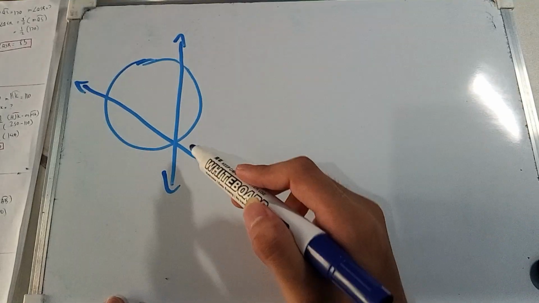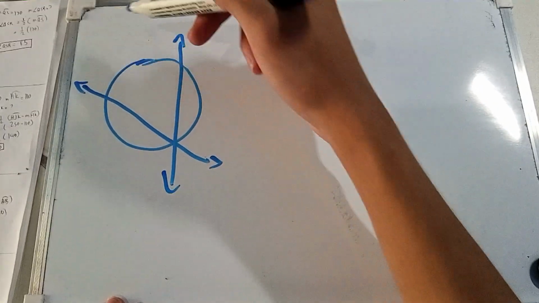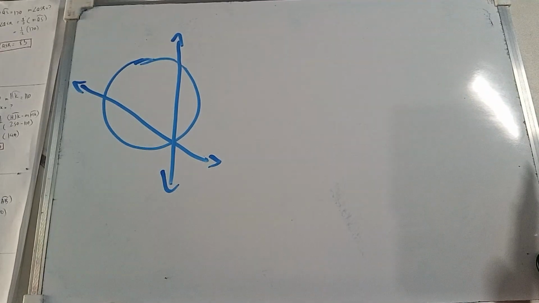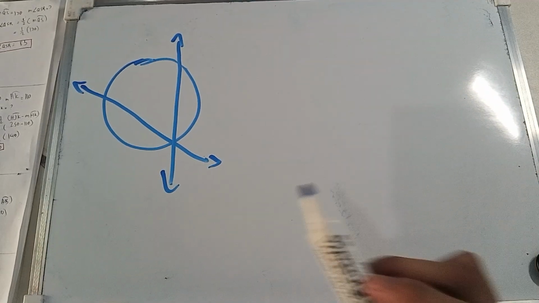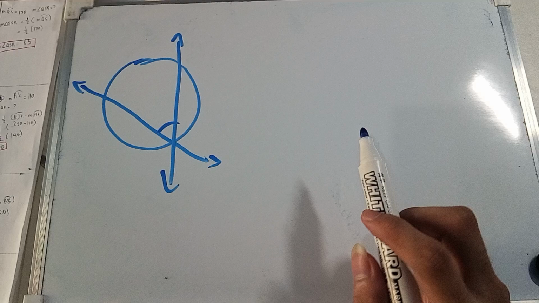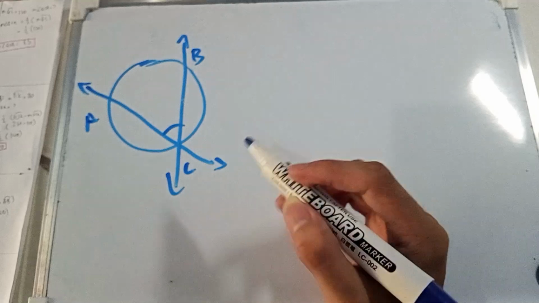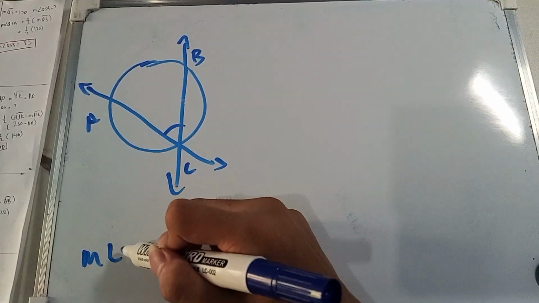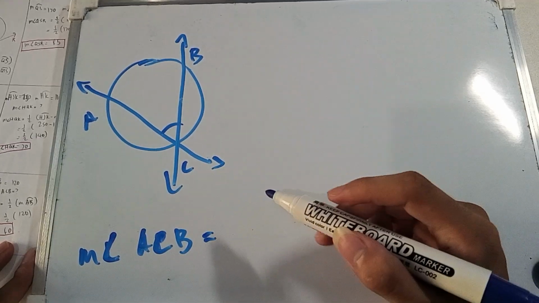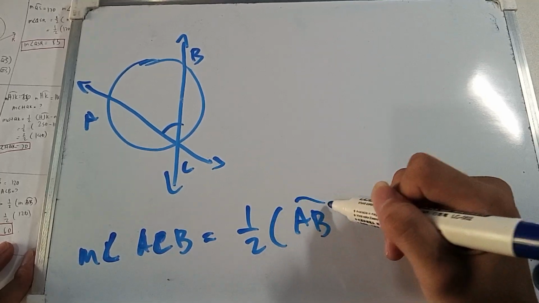Now if we ignore these extended lines, we can say that this is an example of an inscribed angle. When we say inscribed angle, the measure of its intercepted arc is double the measure of this angle. So if we say this is B, C, and A, the measure of angle ACB is equal to half of arc AB.